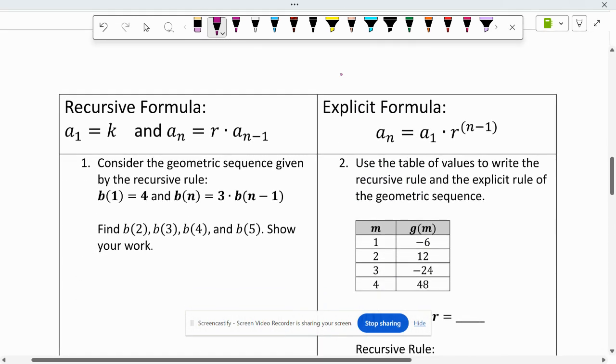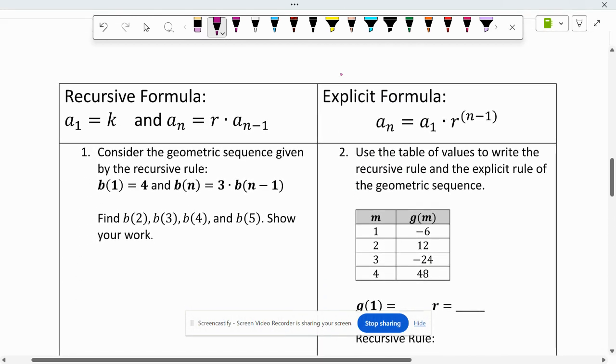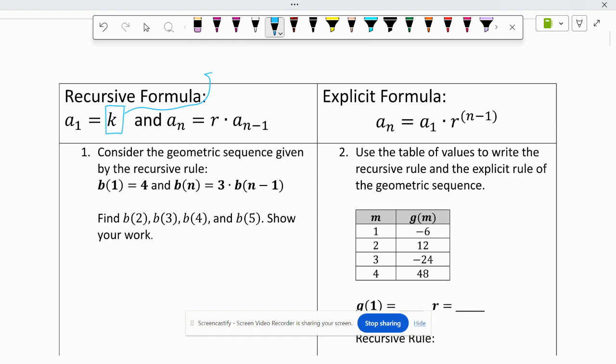All right. So the recursive formula. So remember when I write the recursive formula, or when I write any formula, and I have to do that beginning term, that initial term, this just says the first term is some number. That's what k is. It's the first number of the sequence, but just remember it's just a variable, okay?